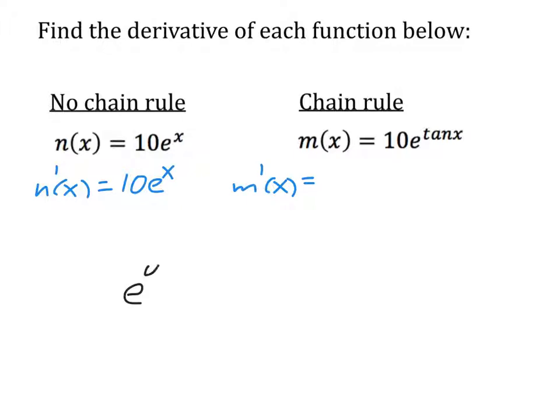But in this case, it's going to be e to the u, because I plugged something in where x normally lives. What would that make u? That would make u be tangent of x. That little mental exercise tells me what the inner and outer is, because u is the inner. And then whatever I plug u into, that's the outer function. So it just helps me to keep track of which one's inner and which one's outer.